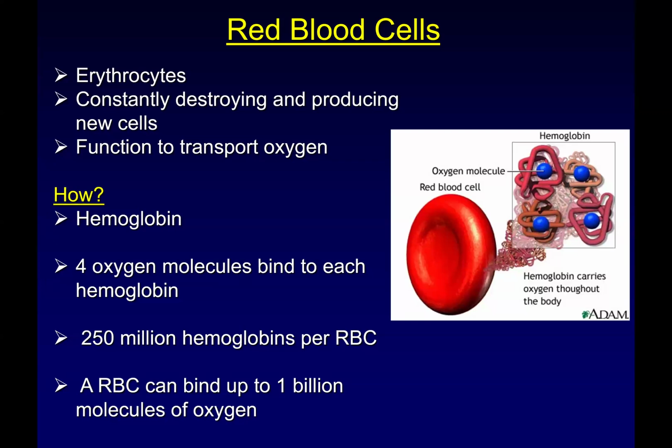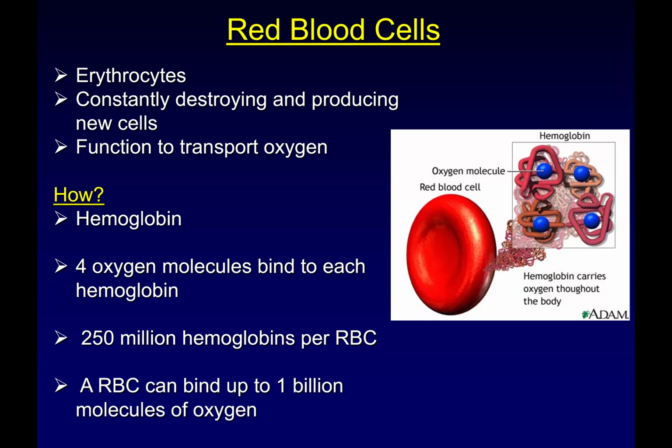Hemoglobin has iron in it. Iron is very, very strongly positive. Iron loves oxygen. You put 4 molecules of oxygen on every hemoglobin. There's about 250 million molecules of hemoglobin on every red blood cell.